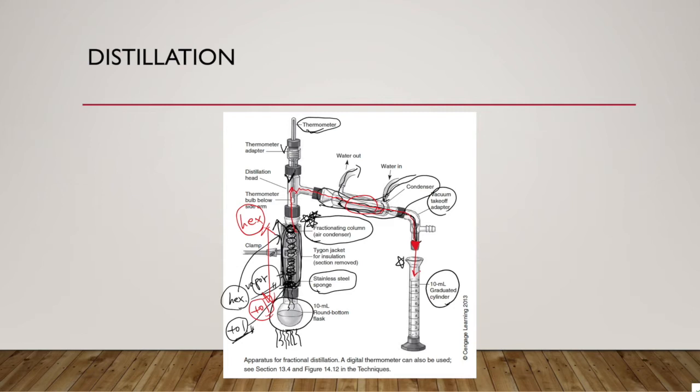So basically, we're just boiling the liquid mixture, and depending on their volatility, we can separate them. Okay, so the physical state changes from liquid to vapor, and it comes back to liquid at the end.